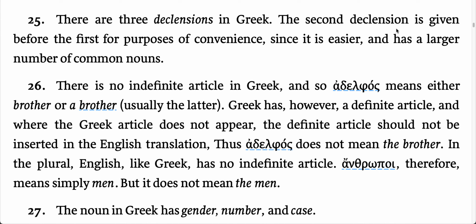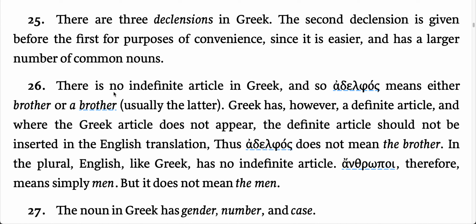The second declension is given before the first one for purposes of convenience, since it is easier and it has a larger number of common nouns in it. So in the Greek grammar system, if you learn the second declension, it's going to be easier to learn the first and the third. That's the point of this. It's just better to start with the second one of the three declensions.